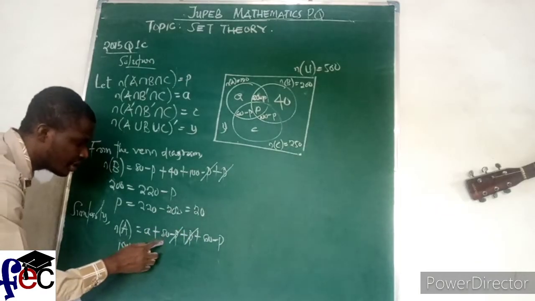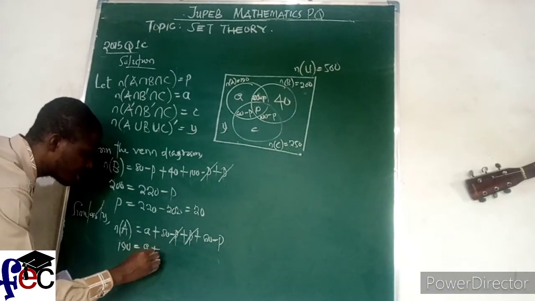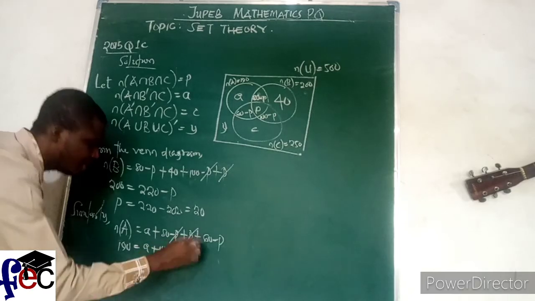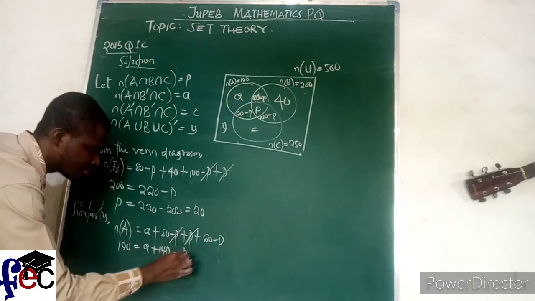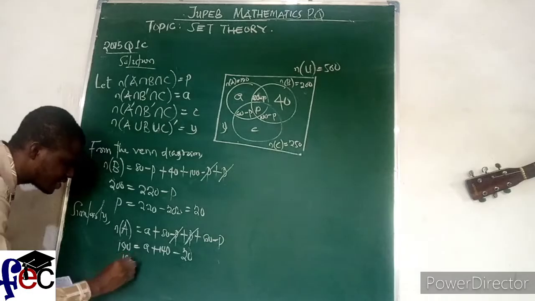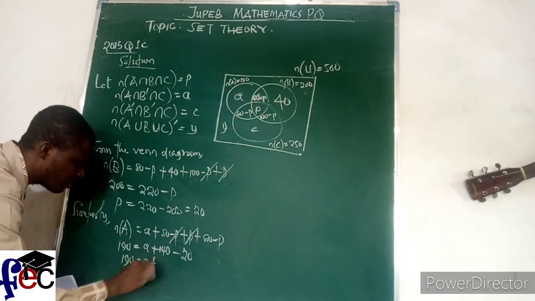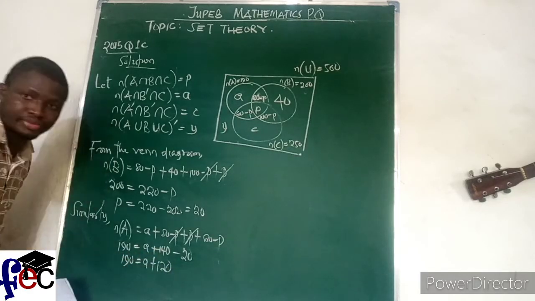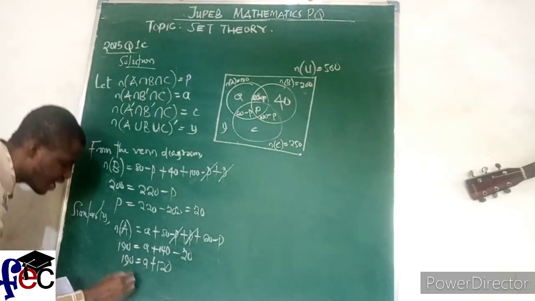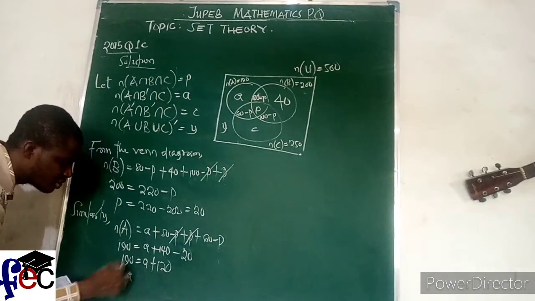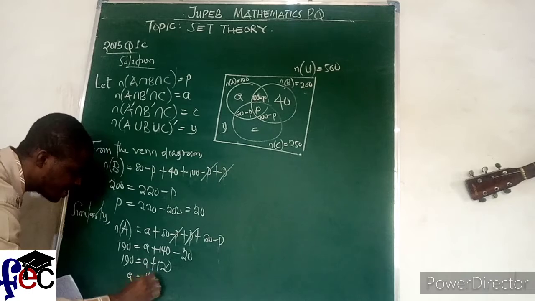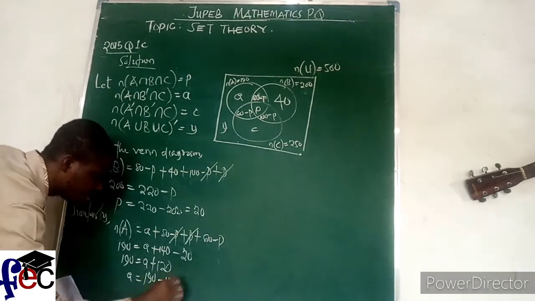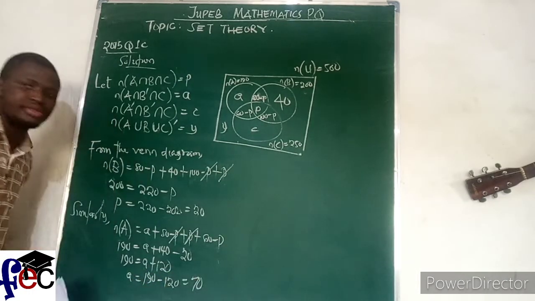So I have A, 80 plus 60 is 140, minus P is already 20. So this will give me 190 equal to A plus 120. So what's going to be my A from here? Transfer this to the other side. So A is 190 minus 120, and that's going to be 70.